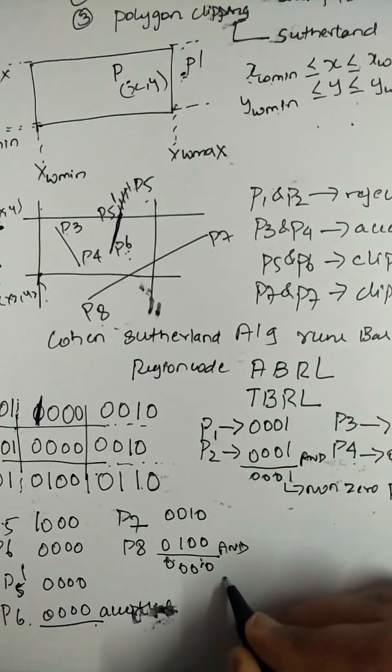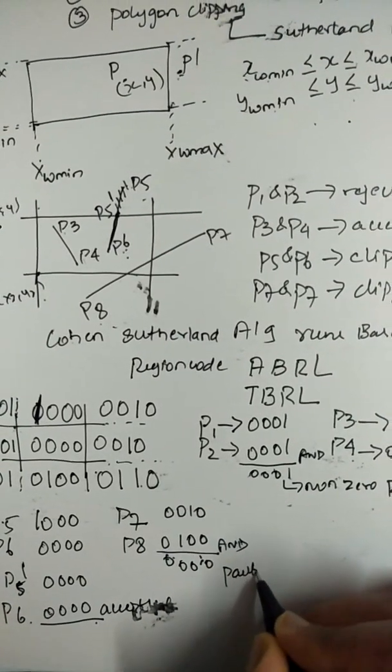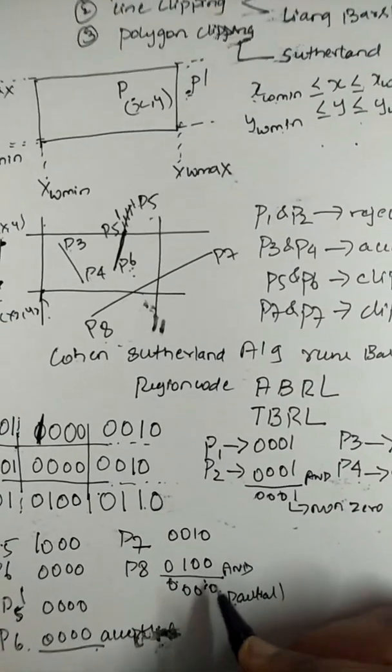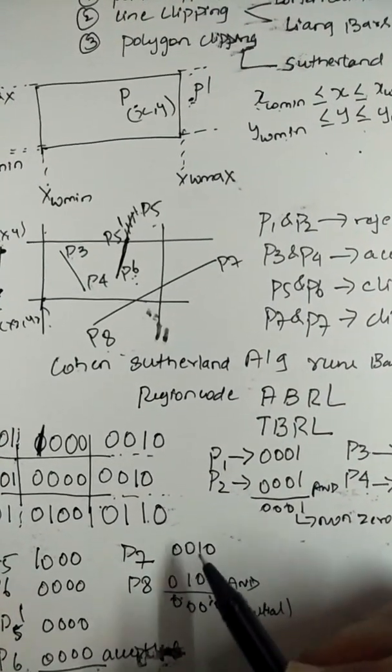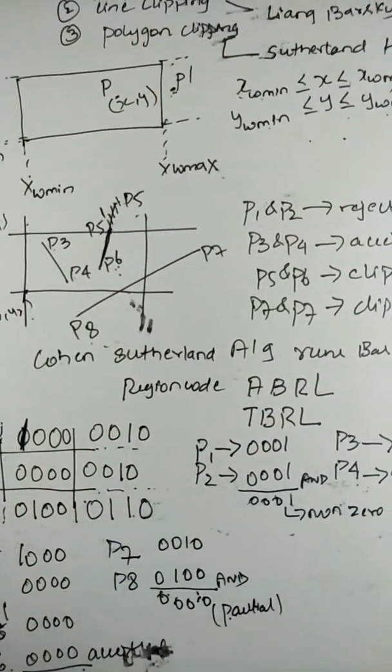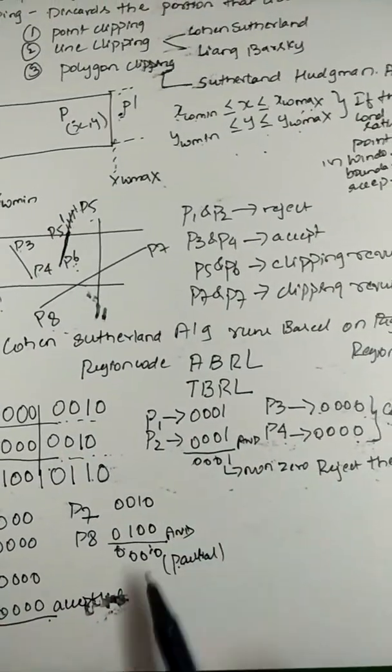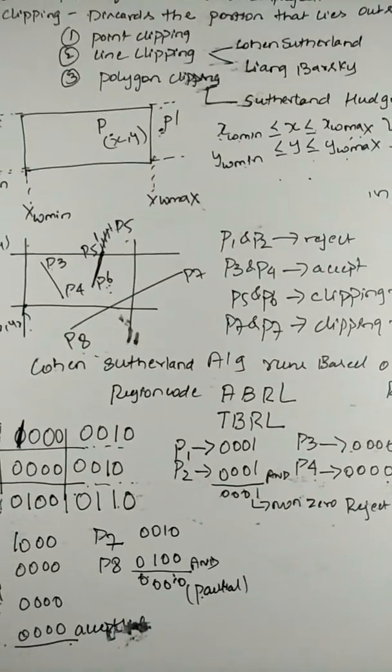If you get 0, it is partially inside. Hold on one second. So we get 0. Actually we can draw a truth table from this, which helps for the programming part.